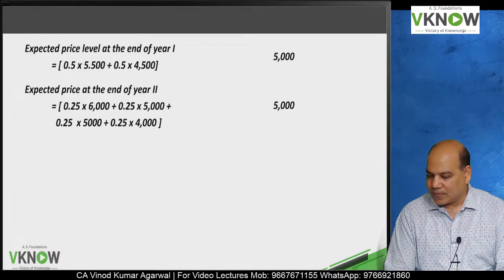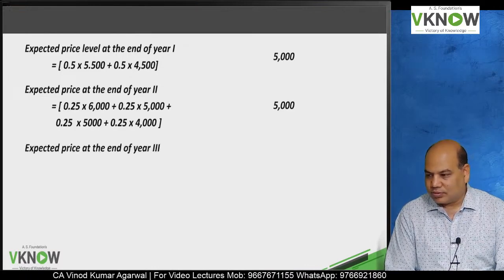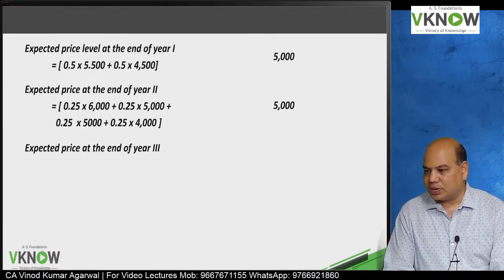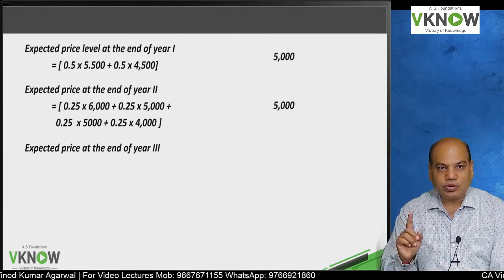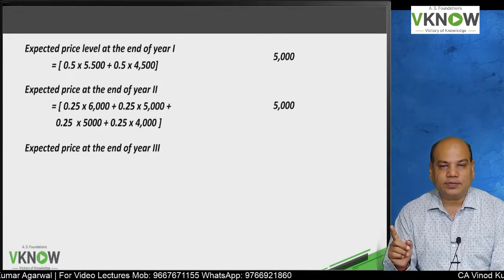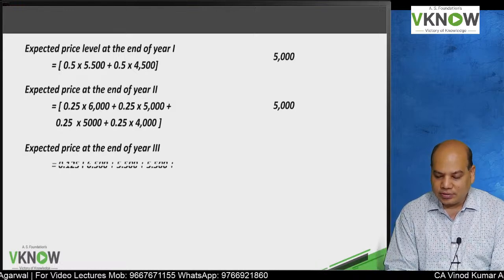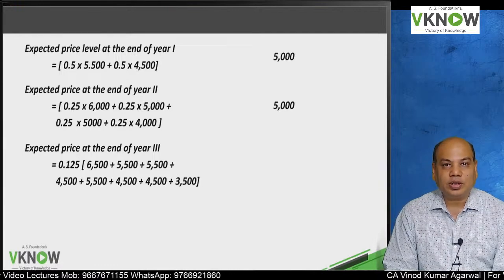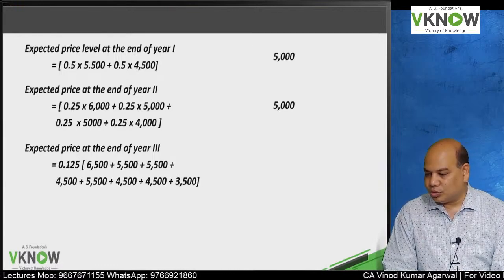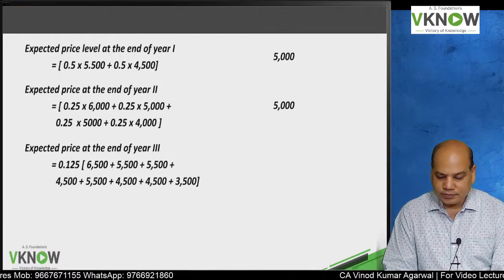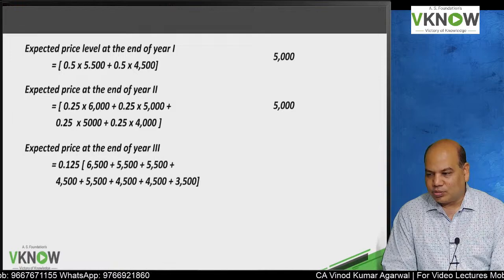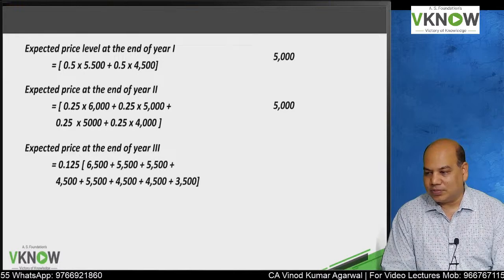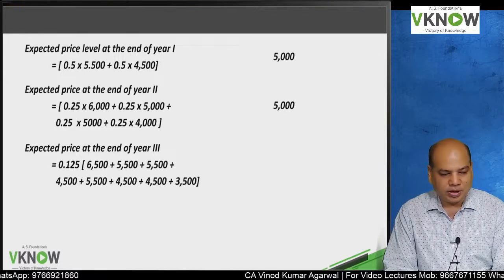Is it 5,000? And similarly, what will be the expected price level at the end of year 3? You have to multiply by the common number 0.125. So you can put 0.125 common, and in the bracket you can write all those 8 prices which are appearing in year 3.